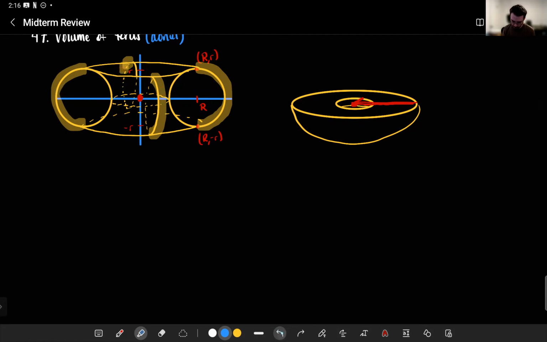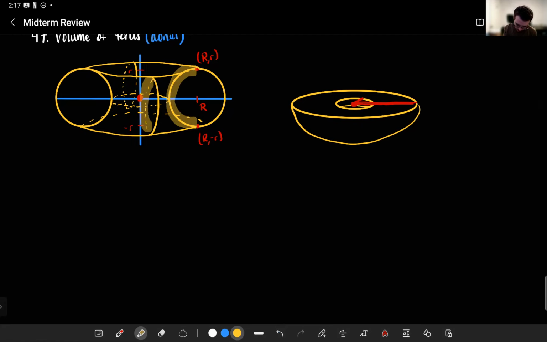Whereas the inner half circle traces out this portion, this portion, this portion. And that's exactly the inner radius we're looking for our washer. Okay, so then it comes down to, let me re-sketch this diagram.